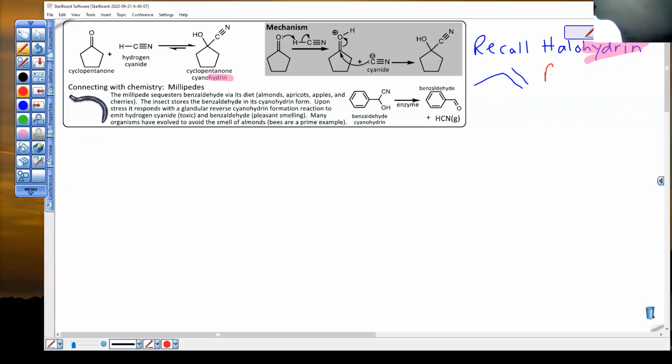If we reacted it with bromine in the presence of water, we call that bromine water, we got a halohydrin. And that was when we learned about Markovnikov, more electronegative O on the more substituted carbon, less electronegative halogen on the less substituted carbon. And hydrin was just this piece right here.